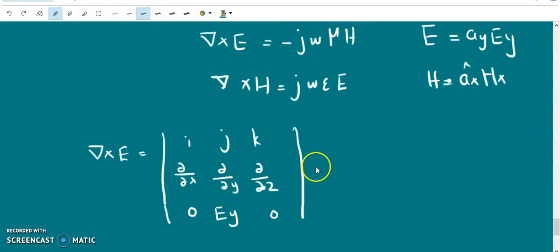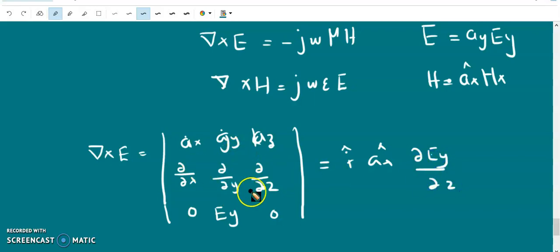But del cross E is having only x component, and we have used ax, ay, az instead of i, j, k. So ax cap dou Ey by dou z.